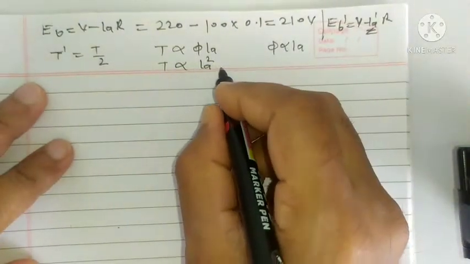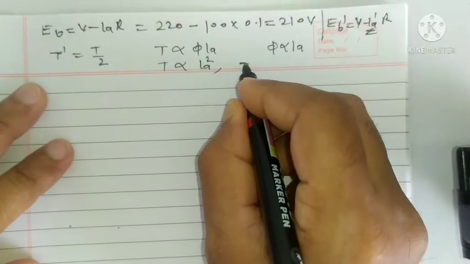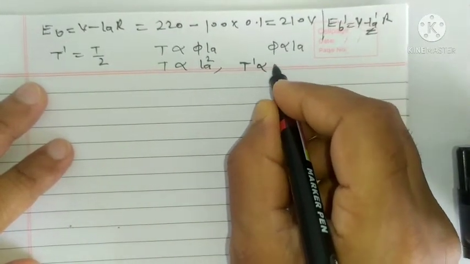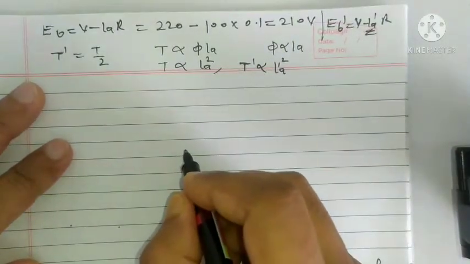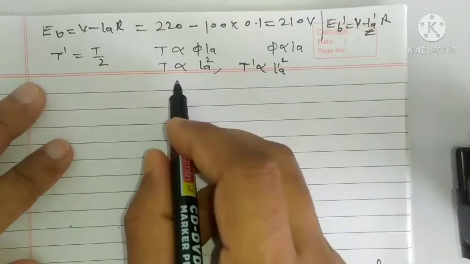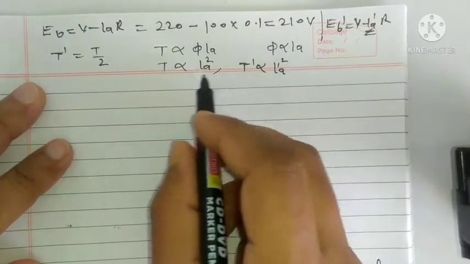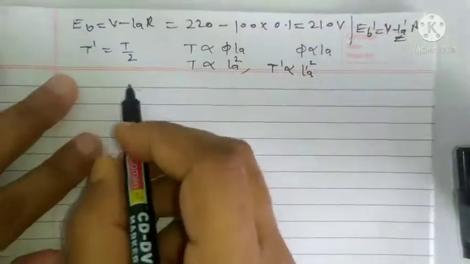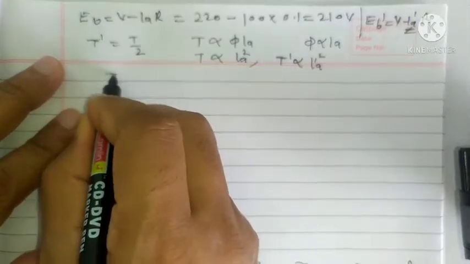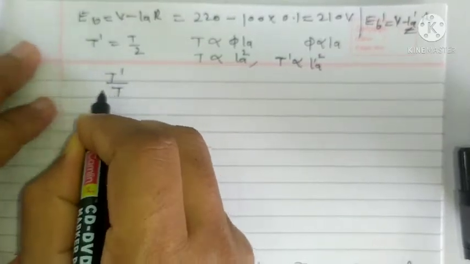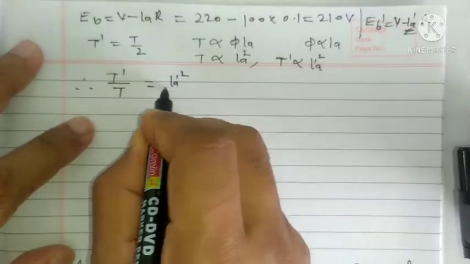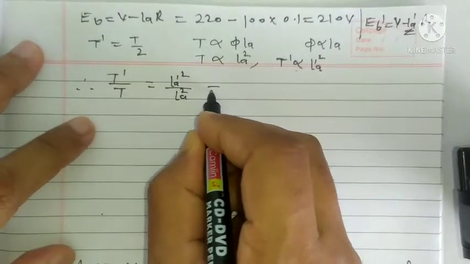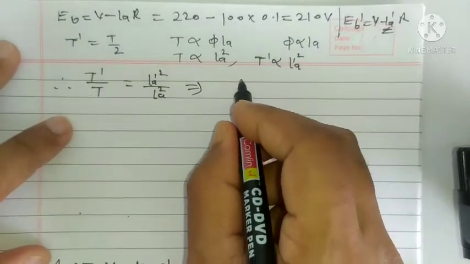If the original torque is directly proportional to IA square, then the new torque will also be directly proportional to the new current IA dash square. So from here, relating these two, I can find the new current, right? Therefore, T dash by T will be equal to IA dash square by IA square. This implies, what is T dash?